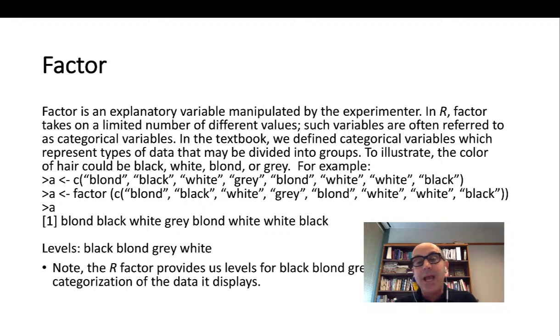An example is the color of hair. I don't have hair, so I am not in the list, but in this case we have blonde, black, white, gray, blonde, white, and black, and that's where the factor comes into play. We are declaring it as a factor, and by doing that, it will lay out for us what those colors of hair consist of.